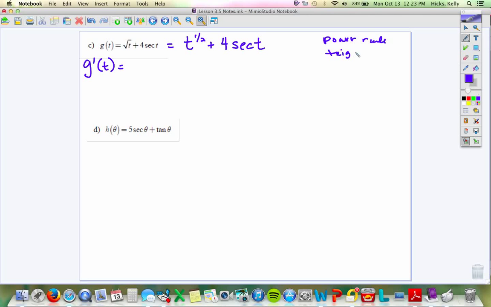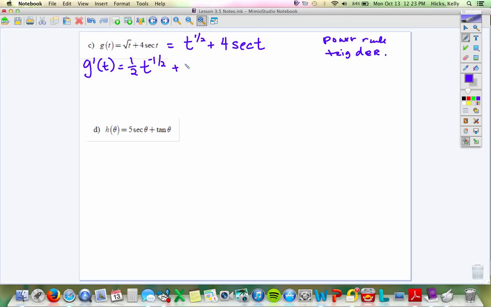So this is going to be a power rule and a trig derivative. So we would have 1/2 t to the negative 1/2 plus 4 is a constant. It's basically 4 times secant t. You could use the product rule here, and when you went to take the derivative of 4, you'd get 0, so that part of it would go away.